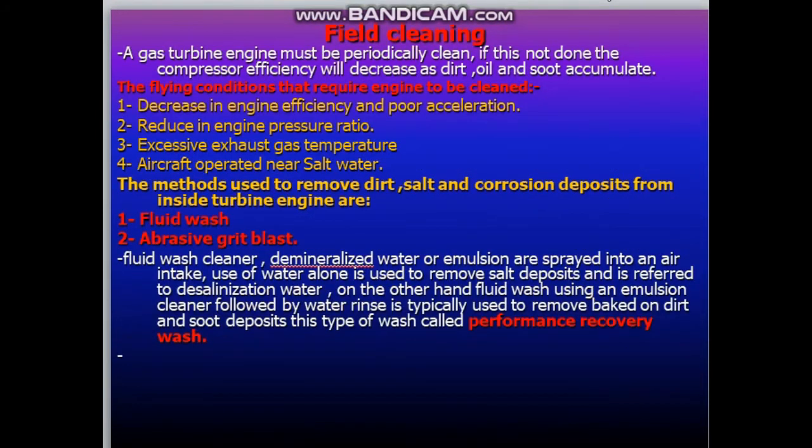Field cleaning. A gas turbine engine must be periodically cleaned. If this is not done, the compressor efficiency will decrease as dirt, oil and soot accumulate. The flying conditions that require the engine to be cleaned: the first one, decrease in engine efficiency and poor acceleration.